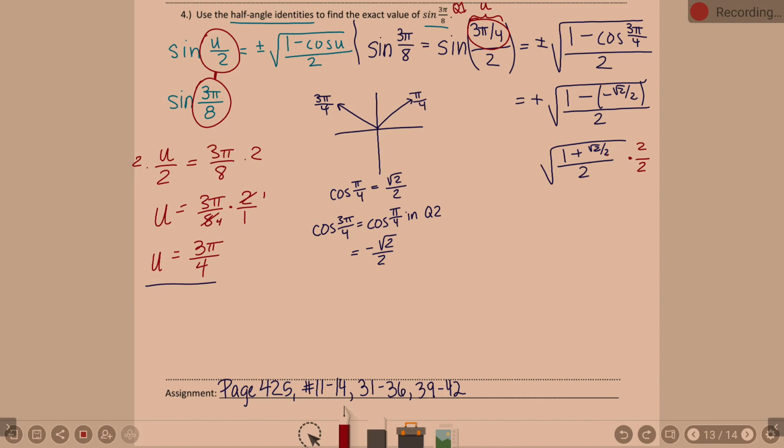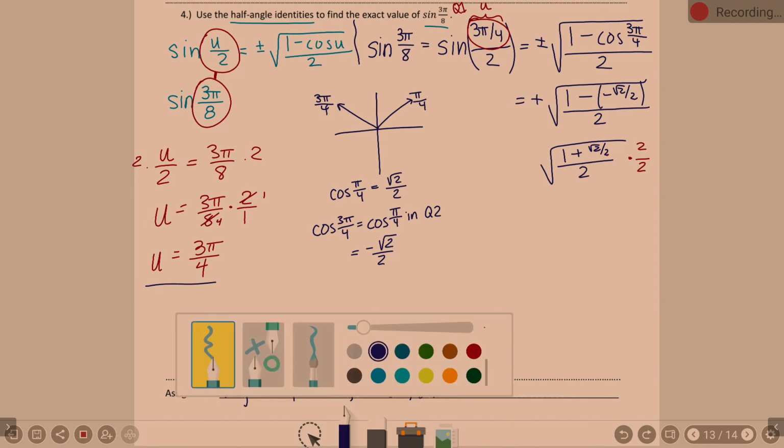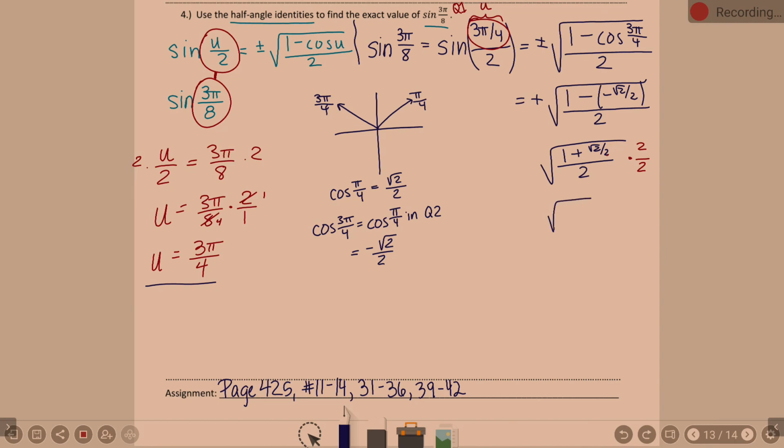So now that 2, of course, on top is going to have to distribute, right? So on top, what happens? 2 times 1 is 2 plus, what about 2 times square root of 2 over 2? Square root of 2. Right? Because this is 2 over 1. The 2's cancel and you have square root of 2. All over, what's in my denominator? 4. So I have 2 plus the square root of 2 all over 4.